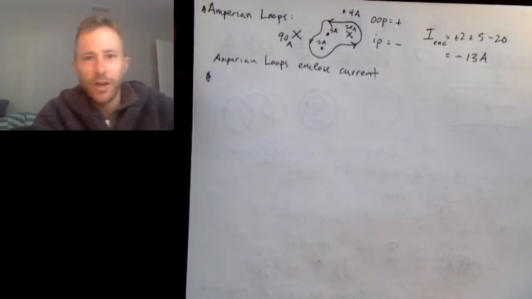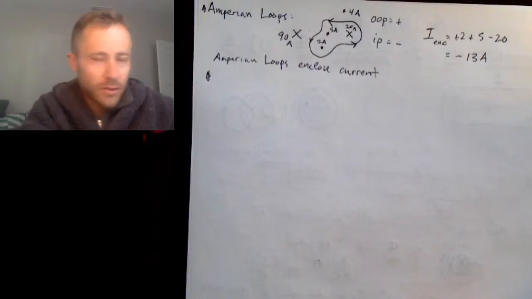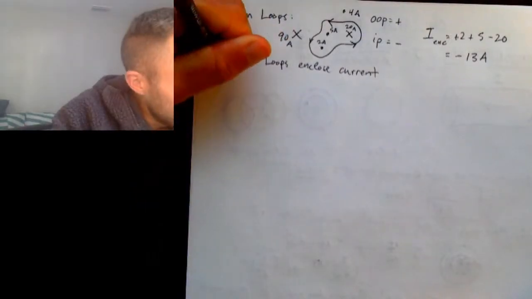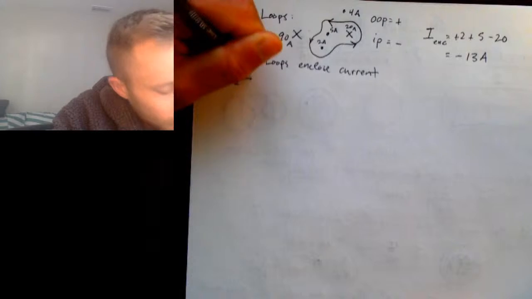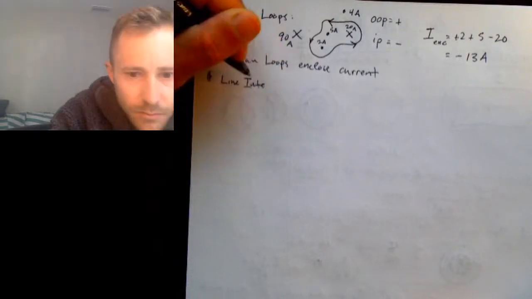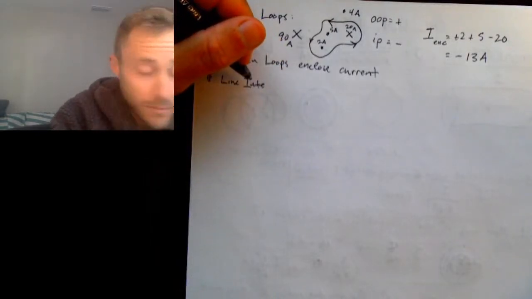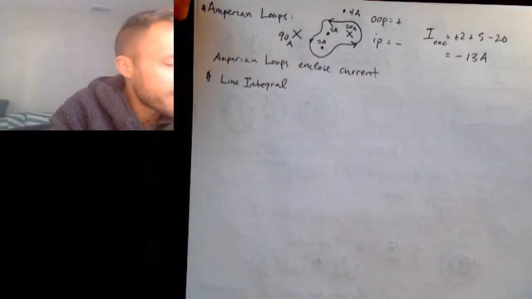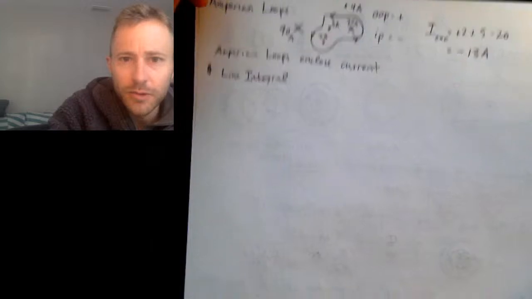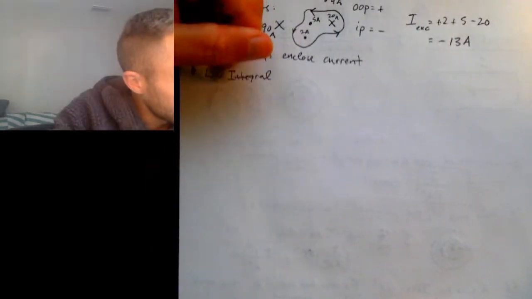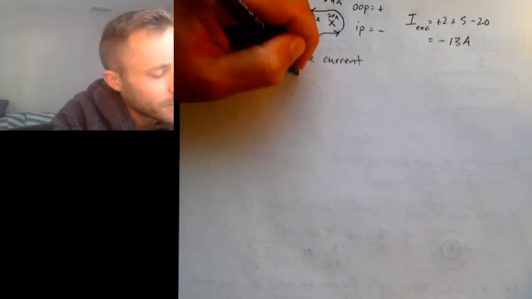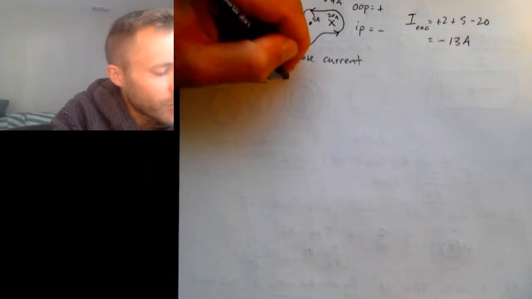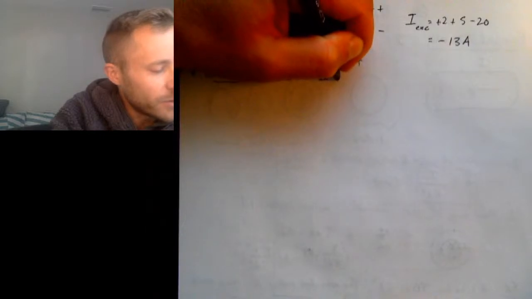And then we also have the idea of what's called a line integral. So a line integral is written, and it's around an Amperian loop.